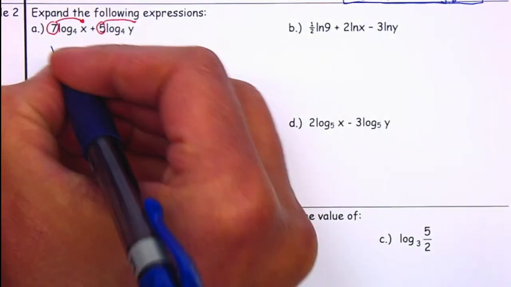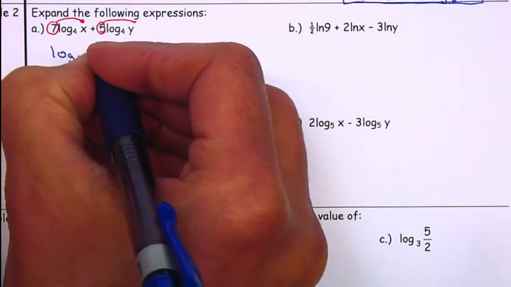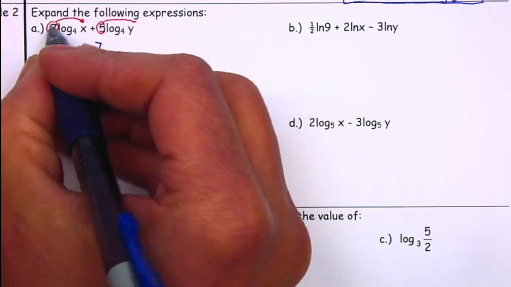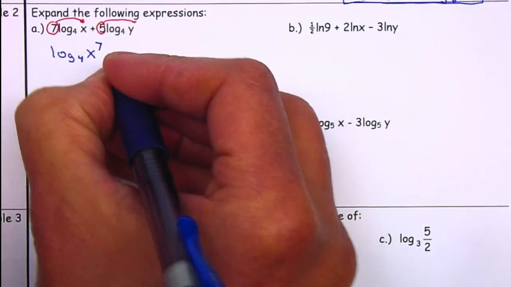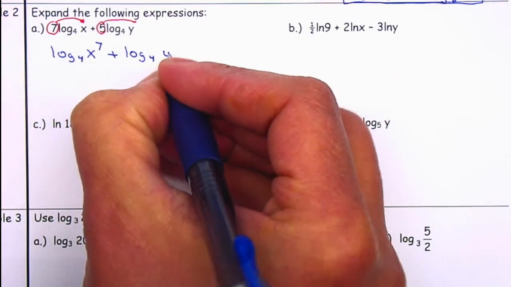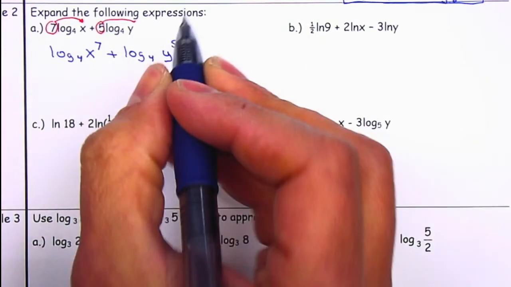Therefore, we have the log base 4 of x to the 7th power. It used to be the coefficient, but because of the power property, we can place it as an exponent, plus the log base 4 of y to the 5th power. It used to be a coefficient, now it becomes an exponent.